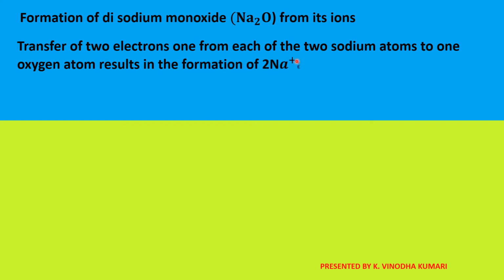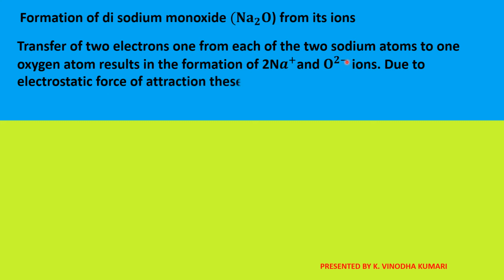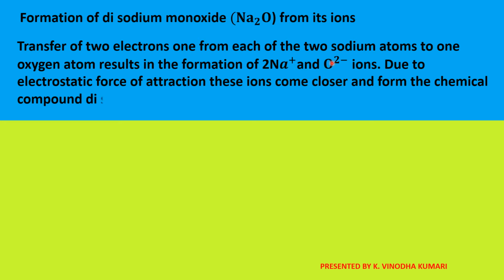Transfer of electrons from sodium forms 2Na plus, because 2 sodiums are donating 1 electron each, and oxygen is gaining 2 electrons, so O2 minus. So due to electrostatic force of attraction between these oppositely charged ions, it forms a chemical compound called disodium monoxide.